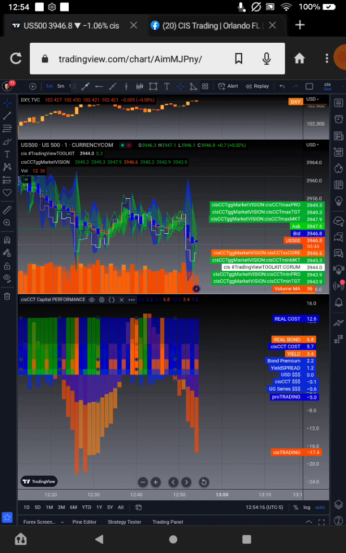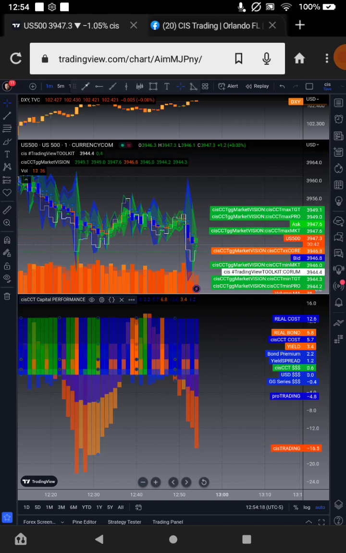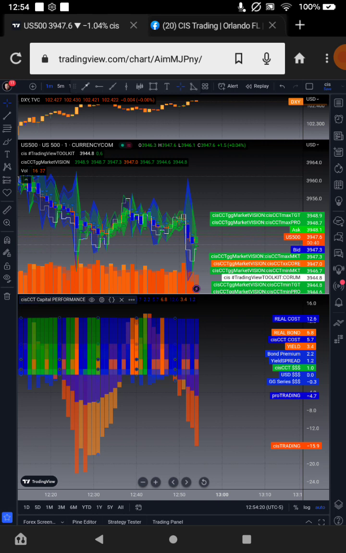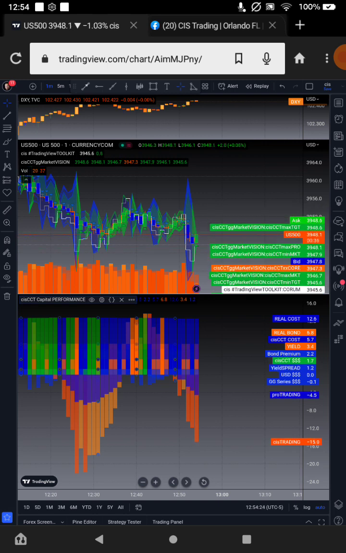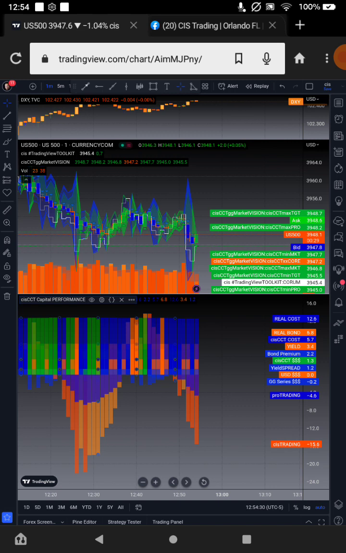You'll see it move from blue to green, and that means the potential effect of the dollar is to go negative currently, and then it'll switch to orange, that's flat, and green, that means that there's some bullish pressure in that money. So this is the US 500.